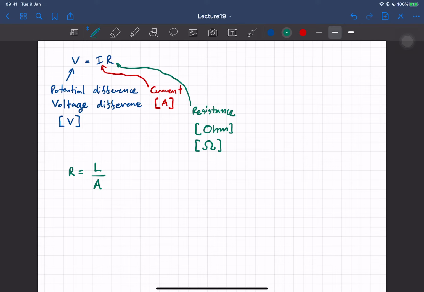And last thing, we have the thing which captures the type of material. What I mean is that whether it's copper or gold or silver or aluminum, how does that enter? It enters here. This is called the resistivity. This depends on the material.